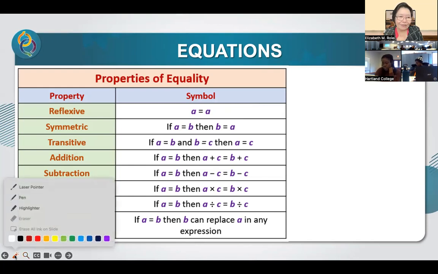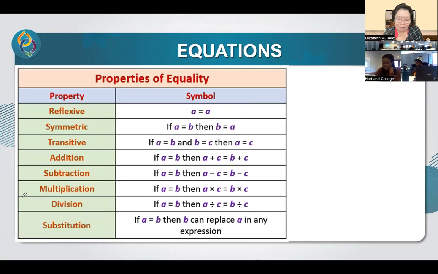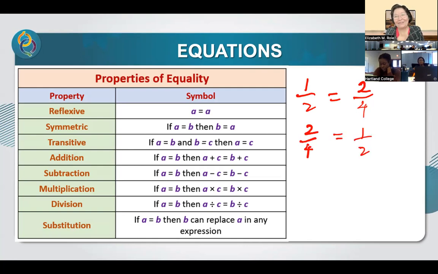So just for illustration, if 1/2 is equal to 2/4, I think you know that 1/2 is equal to 2/4. So I can interchange the position. I can also say 2/4 is equal to 1/2. That's the idea.